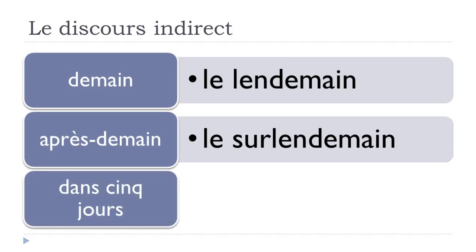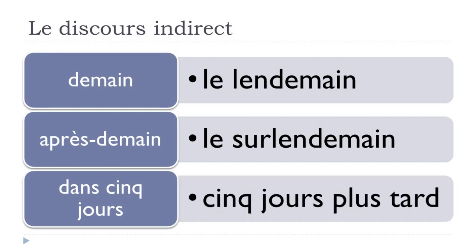And dans 5 jours, in 5 days, will become 5 jours plus tard. Plus tard, later. Okay, so keep in mind that après-demain will become le surlendemain if you change your structure into this discours indirect. And then dans 5 jours, in 5 days, will become 5 jours plus tard, 5 days later.